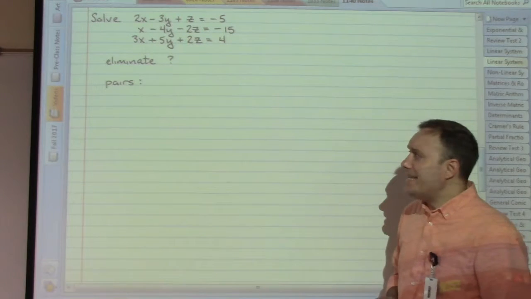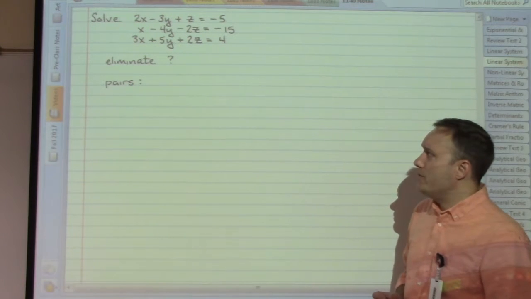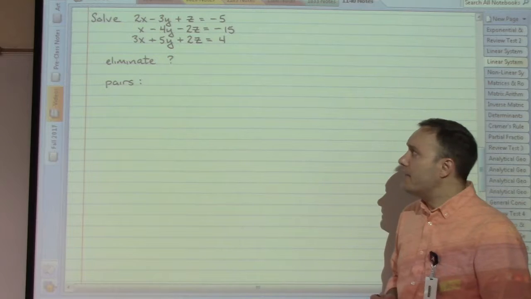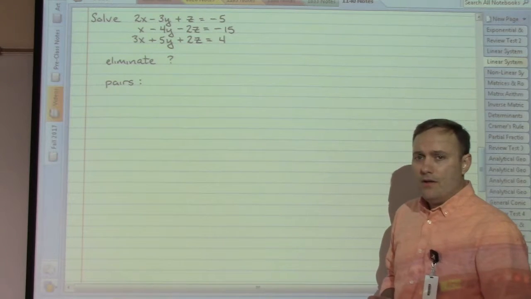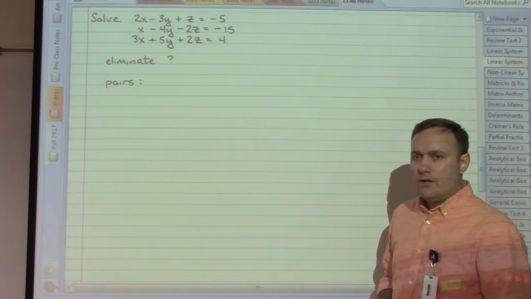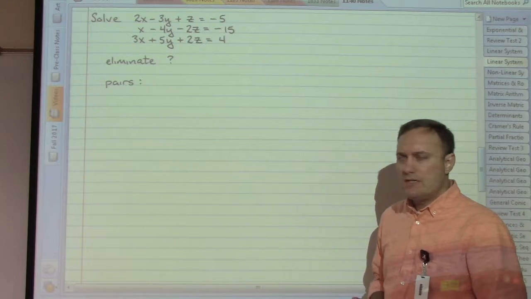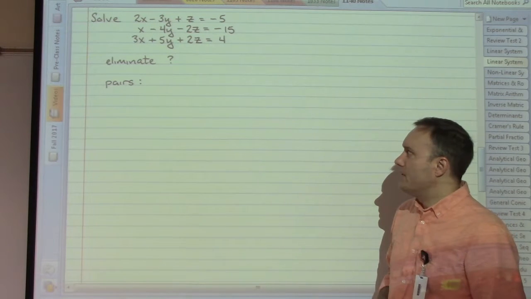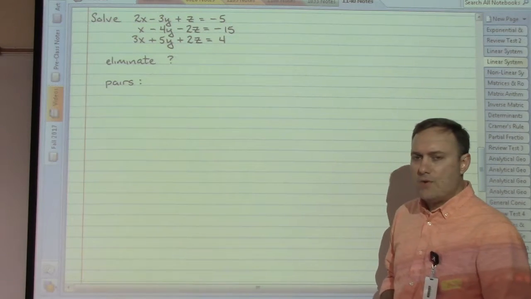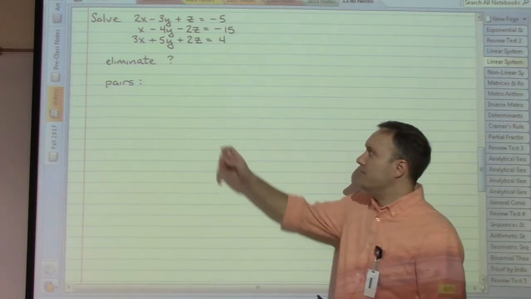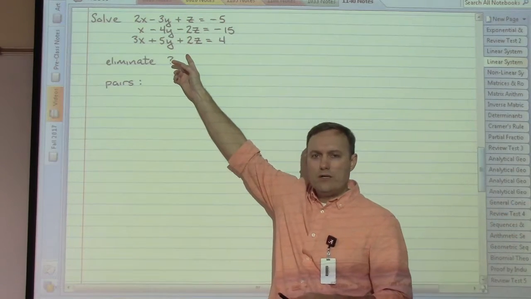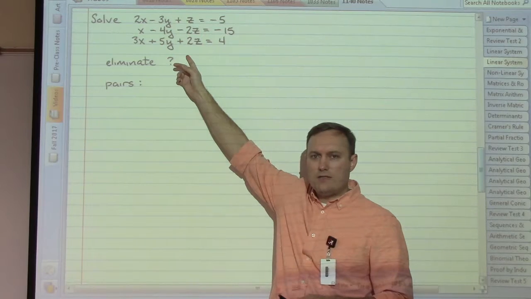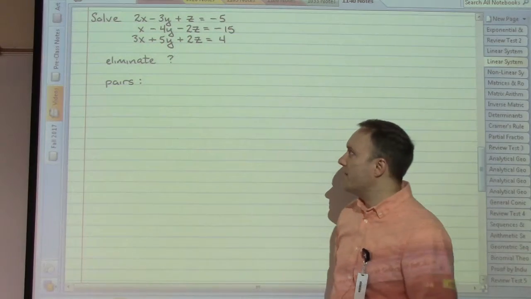If I look at the z, I can take equation 2 and 3 and put them together right away because they both have the same number out in front and they have opposite signs in front of the z. So the -2z in equation number 2, the +2z in equation number 3. So that's rather nice. That means that that's a little bit less work that I might have to do.